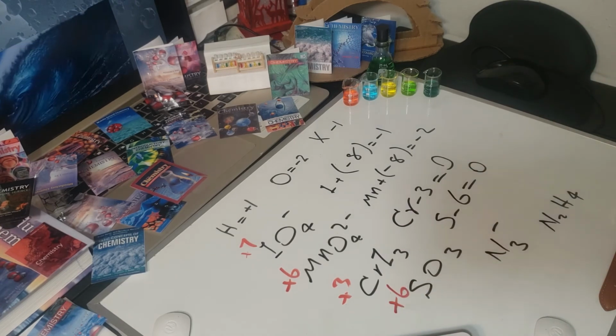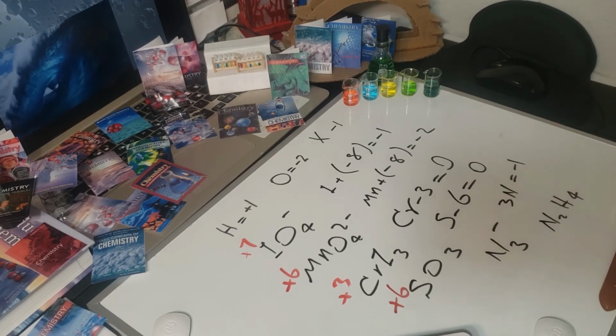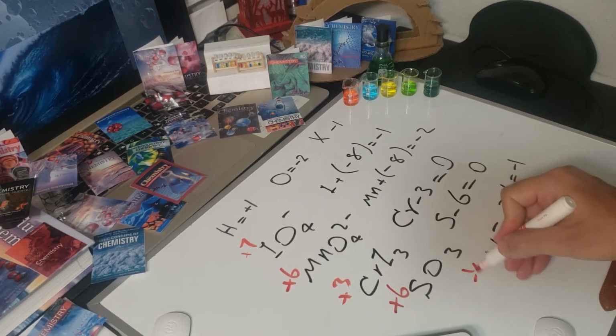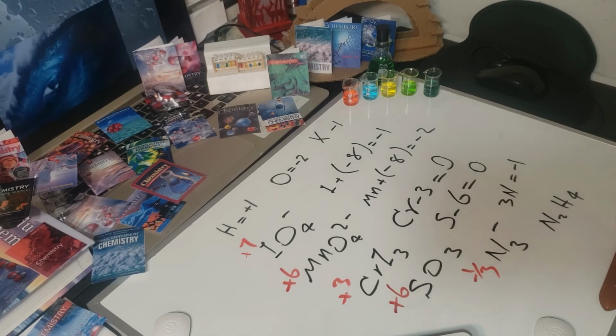N3 minus, I have 3 nitrogens, the charge is -1, so this should be -1/3. That's the oxidation state for my nitrogen.